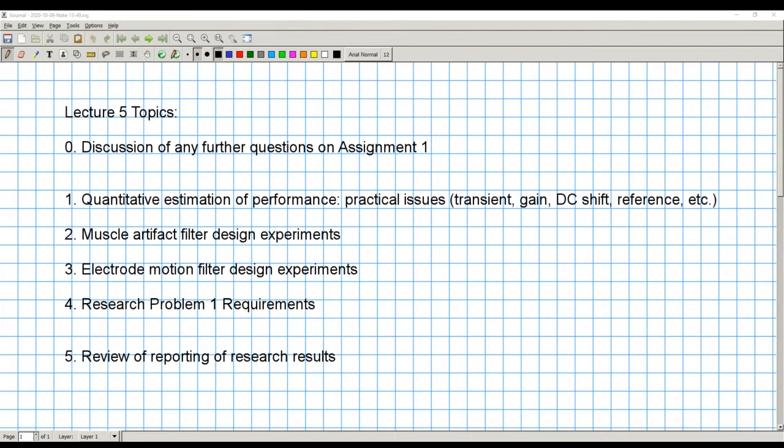We're going to talk about quantitative estimation of performance, how to come up with a quantitative metric so that we can use it to estimate the performance rather than just looking at the waveforms. Because sometimes the waveforms are very complicated. We have the ECG here, and we know how it looks.